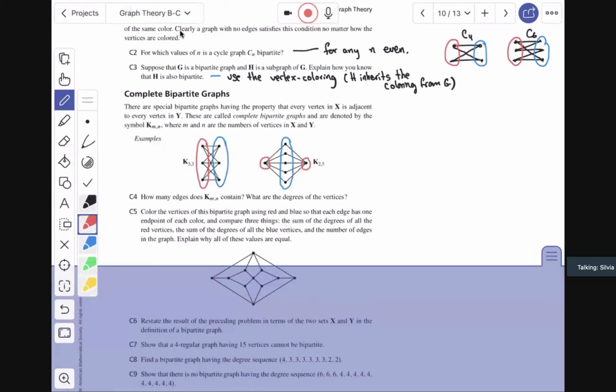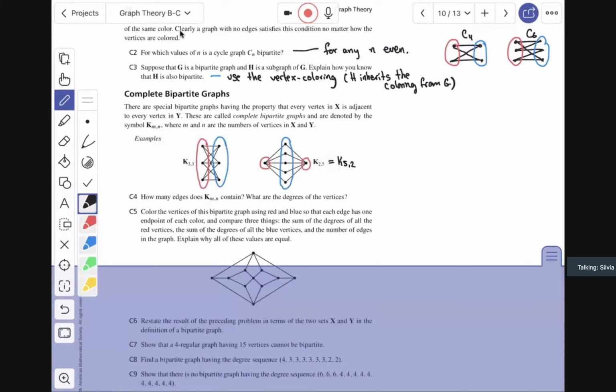So those are both complete bipartite graphs, and you just count how many vertices on each class. So 1, 2, 3, 1, 2, 3, that's K33, 2 red ones, 5 blue ones, so that's K25, which, by the way, is the same as K52. The order doesn't matter.